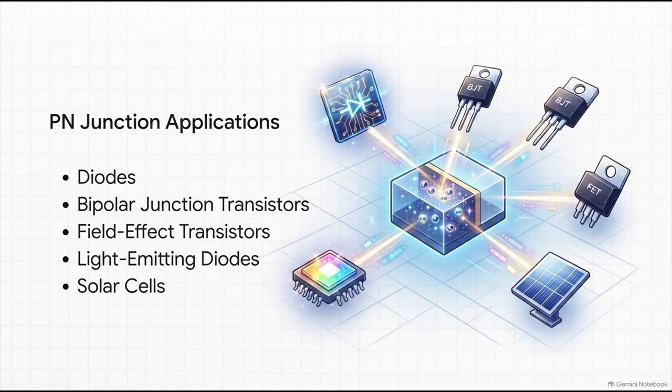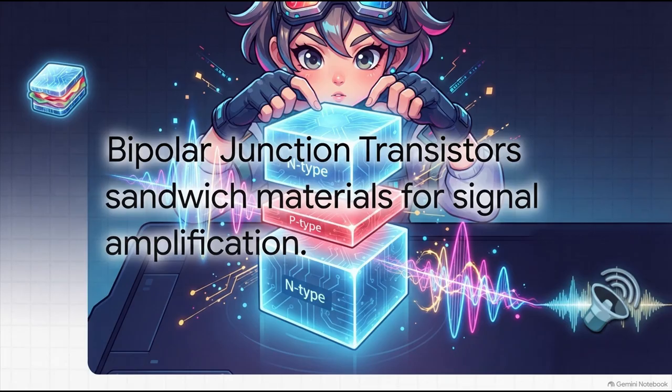From that single interaction of electrons and holes at the PN junction, we get an astonishing variety of functions. Whether it's a diode allowing current to flow in only one direction, an LED giving us light, or a field effect transistor acting as the digital logic switch inside your computer's processor, every single thing scales up from that tiny microscopic exchange.